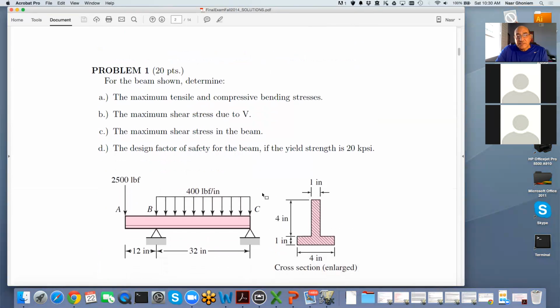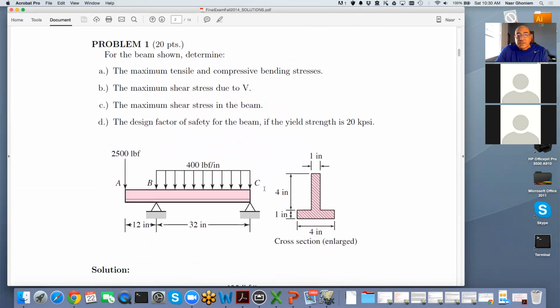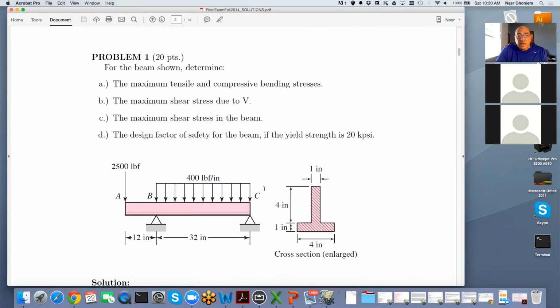So speed is interesting. If you look at the first problem, it's a beam stress problem. It's a typical problem. To design a beam, we need to know the force system. Like you have a concentrated force on one end, 2,500 pound force.